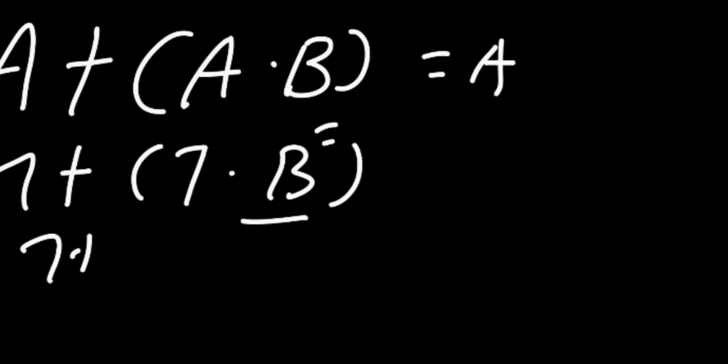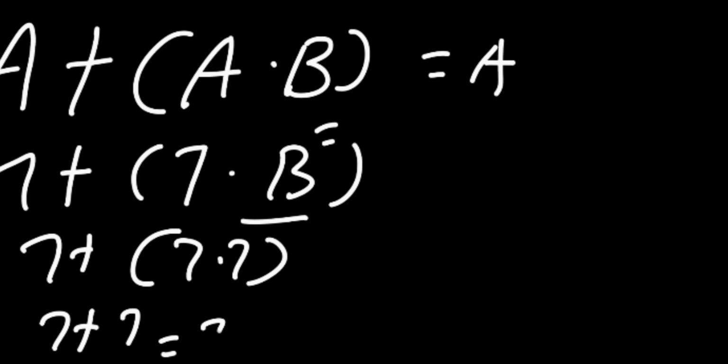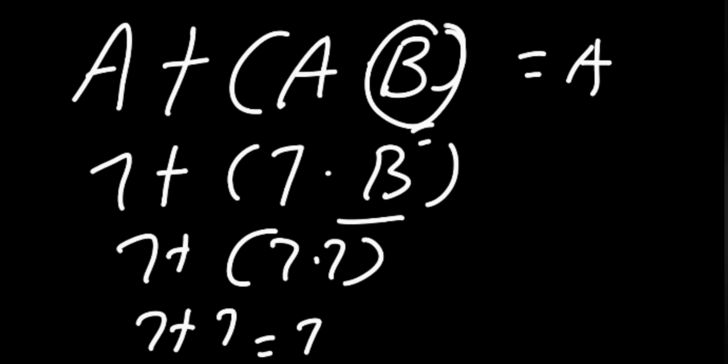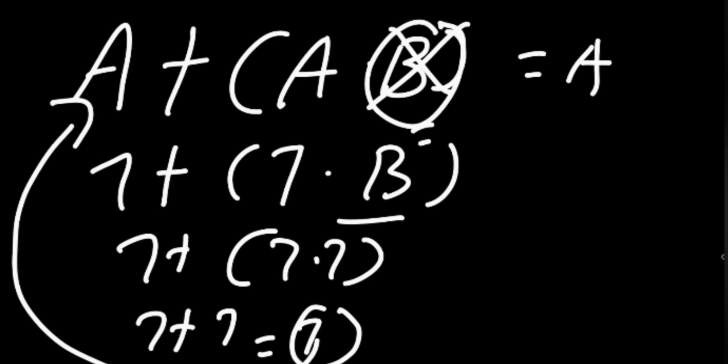If B was 1, then 1 and 1 is 1, and 1 plus 1 is 1. See the pattern here. It doesn't matter what the value of B is. B is redundant. The answer is always the value of A. Did you see? Let's do this again.